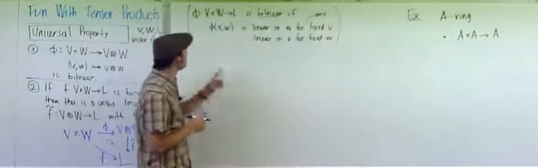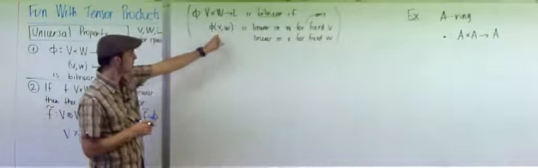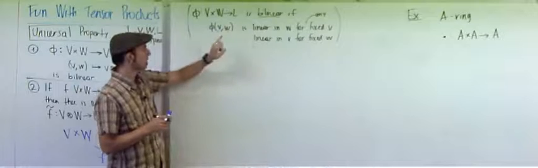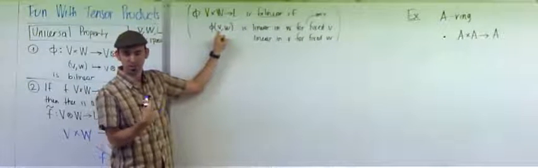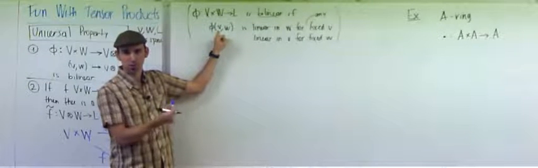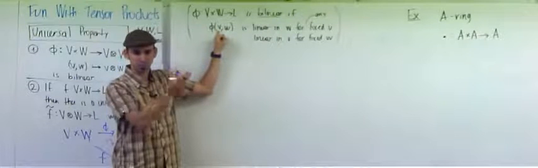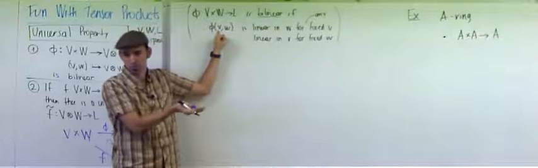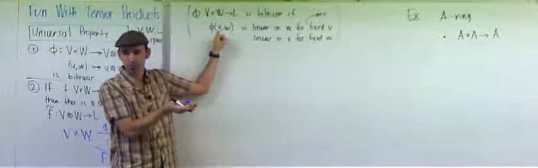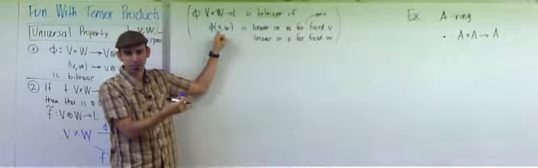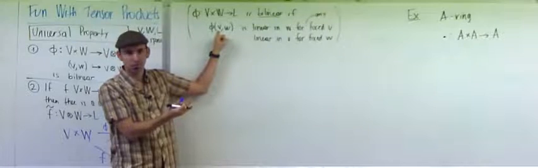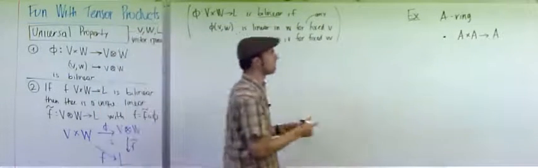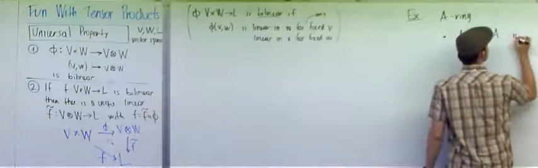It means that phi of (v, w) is v times w in a ring. So if you fix v, multiplication is linear in w. In other words, v times (w + w') equals v times w plus v times w'. That's true, and that's the distributive law. And you can check that multiplication is a bilinear map. It's clear from the definitions. This is bilinear.